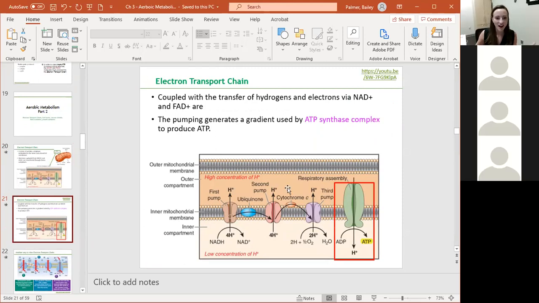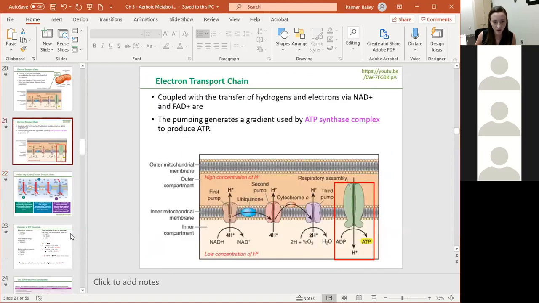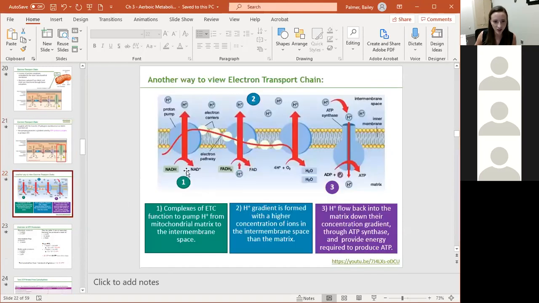Okay, so electron transport chain. I actually like this picture the best. I know I've got 2 pictures on there. I feel like this one gives the most information and kind of helps you figure out what the purpose of this system is. We know down here at the bottom, we're in this inner compartment and we're pumping the hydrogens to the outer compartment. So first you have to remember, where did these hydrogens come from?